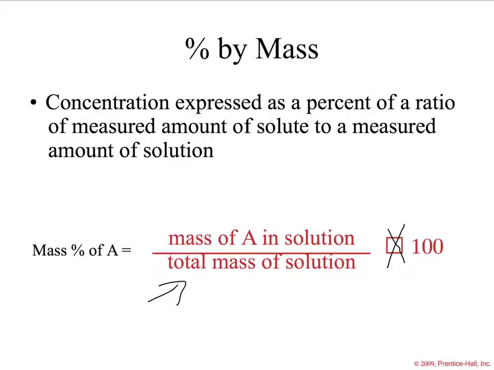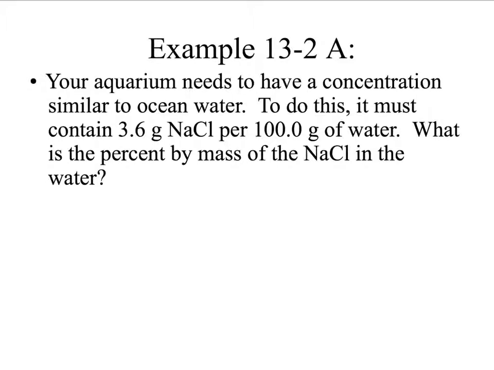Write the formula down. Okay, here's our example. Your aquarium needs to have a concentration similar to ocean water. To do this, it must contain 3.6 grams of salt per 100 grams of water. What is the percent by mass of salt in the water? So we're going to find the percent of this.